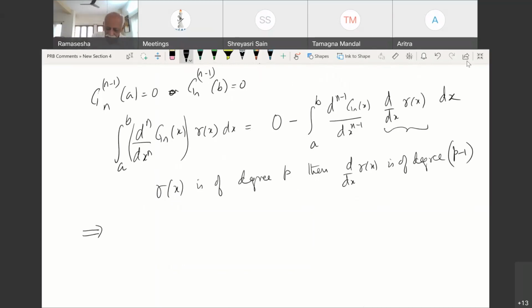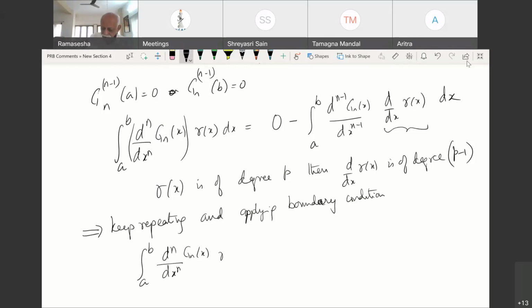So if you keep repeating it, in the end you'll get the integral from a to b of d^n by dx^n of g_n(x) r(x) dx is equal to minus 1 to the power n times the integral from a to b of g_n(x) d^n/dx^n of r(x) dx, right?